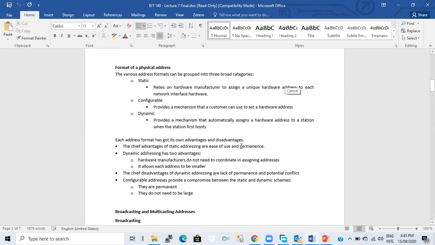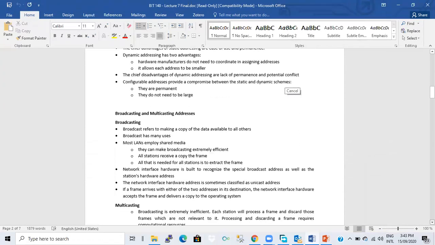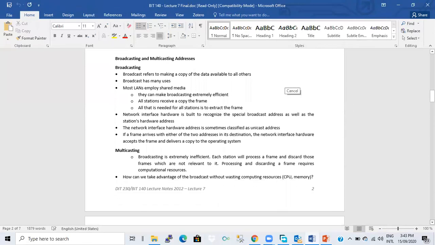Why? Because it won't change at any time. So if computers or nodes in a network have communicated with this machine before, they should be able to remember that if I need to communicate with this particular machine, then I need to use this particular address.